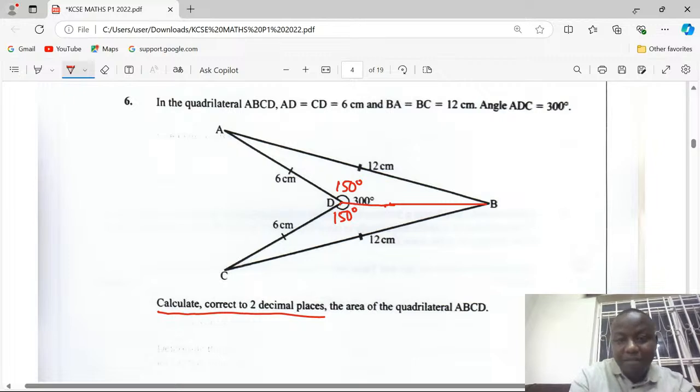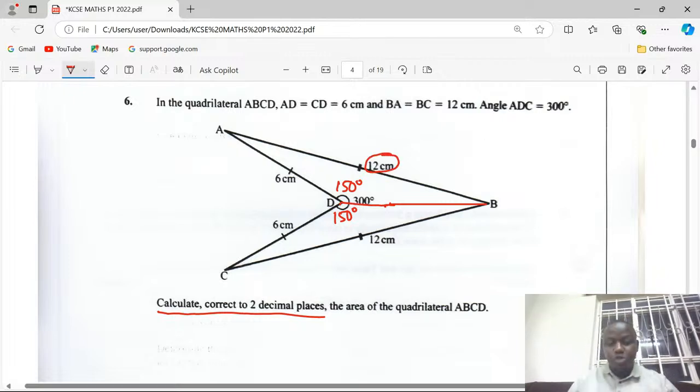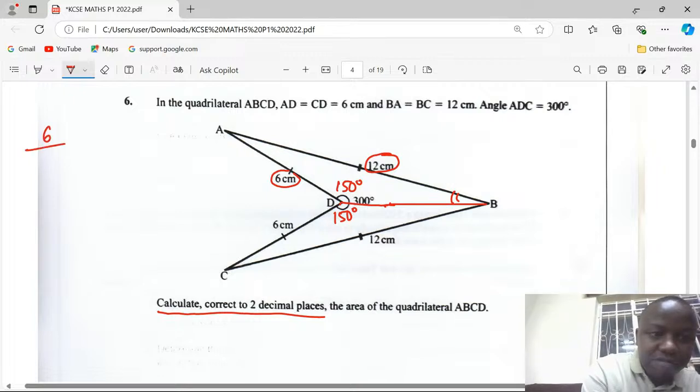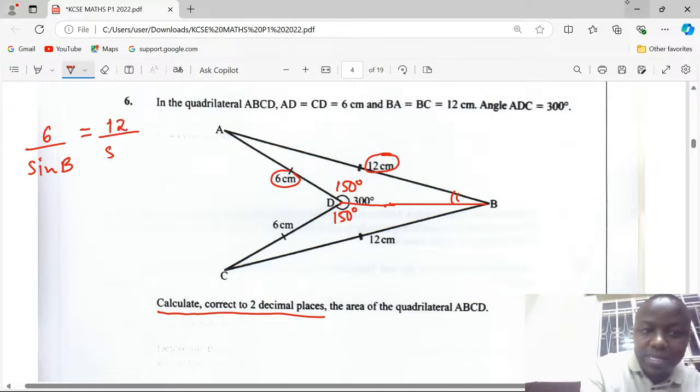Because we are having 12 centimeters and the opposite angle is also known to be 150, then there is a side here equivalent to 6 centimeters, the opposite angle at B can also be calculated following the sine rule, whereby we need to say 6 divided by the sine of the angle at B, which is unknown. We're going to get 12 divided by sine of the angle at D, which is sine of 150.